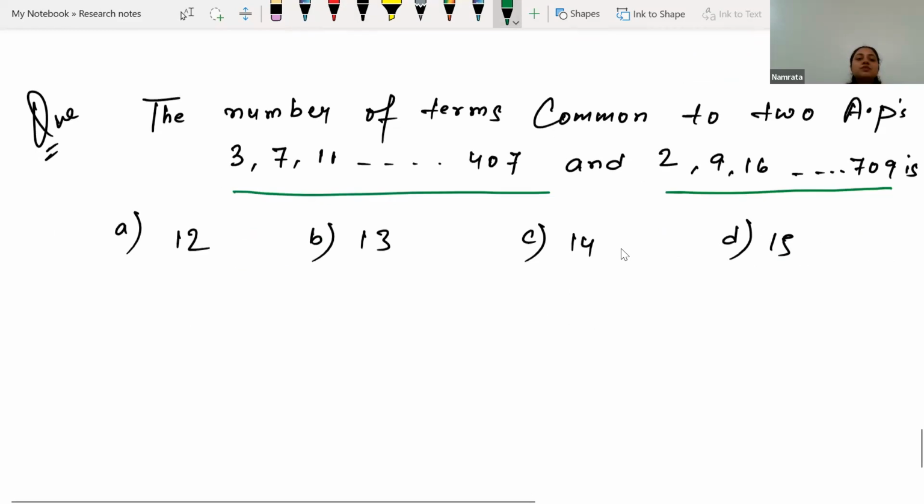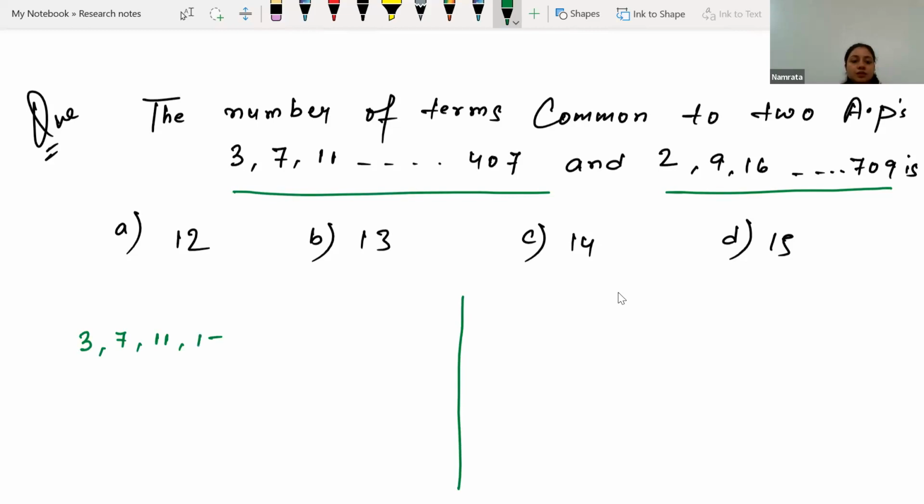So let's write our first AP, that is 3, 7, 11. Can you tell me what will be the next term quickly? 15. Next, 19.